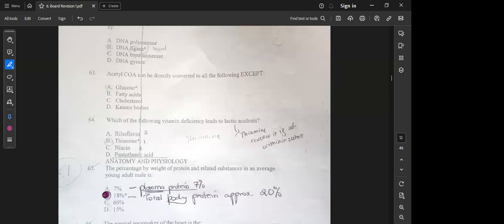Thiamine is vitamin B1, niacin, riboflavin, like that.